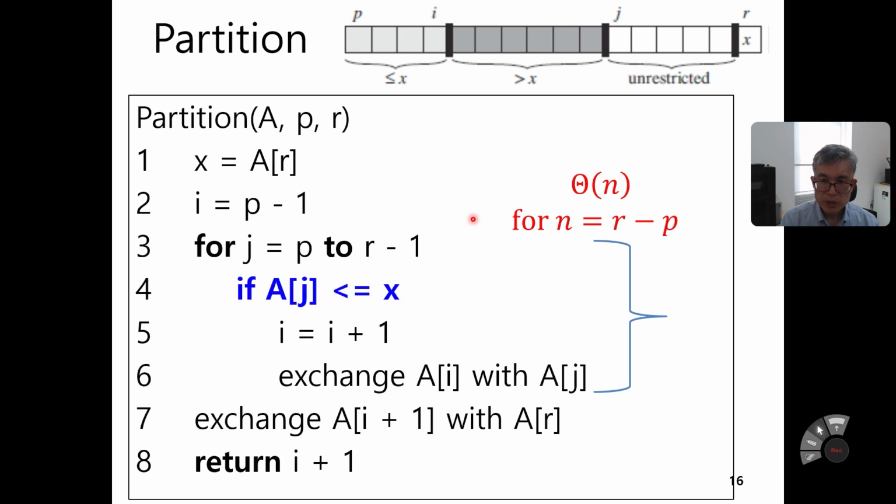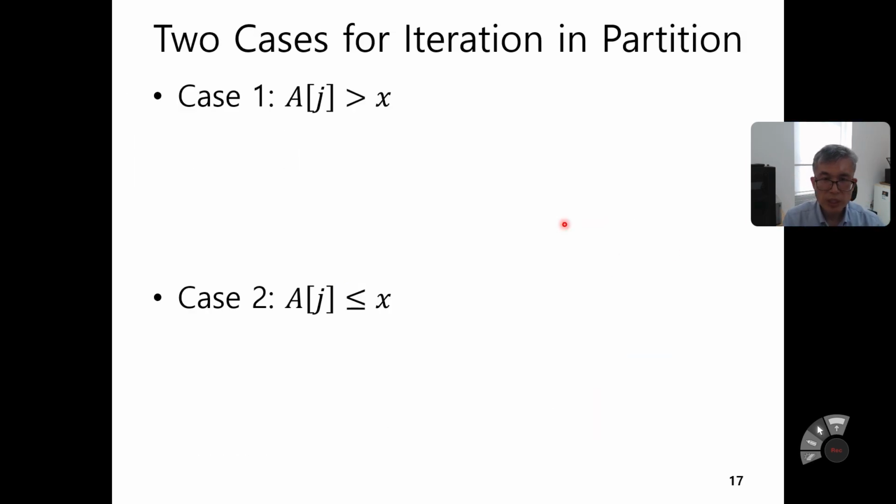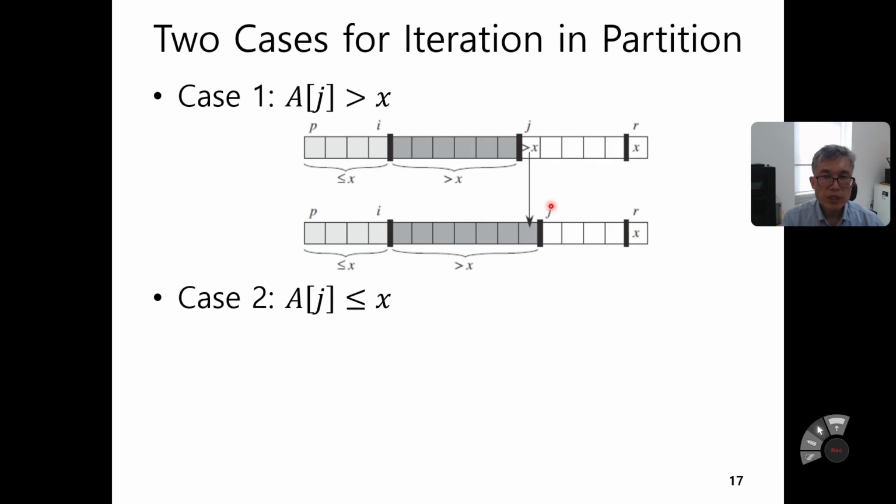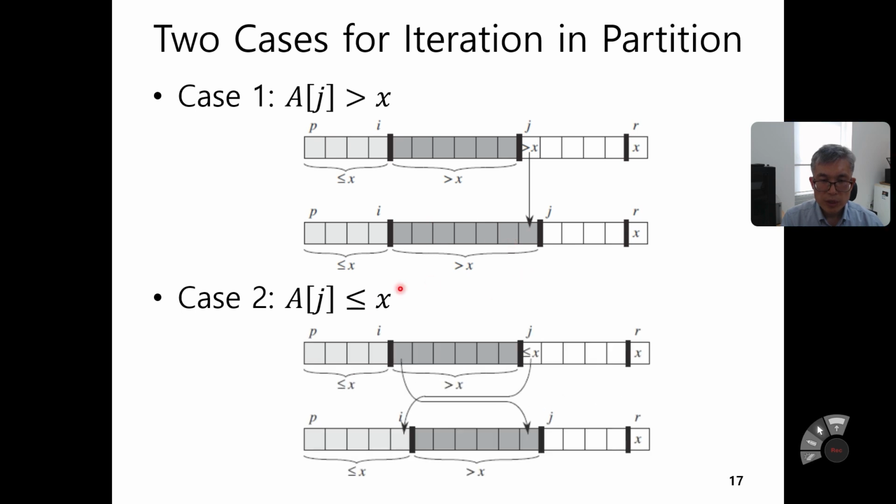All the partition work is considered, so we can say n. So there are 2 cases. Case 1 is when A[J] is greater: this value is greater, and in this case we just increase the right-hand side. Otherwise, in the less-than-or-equal case, this value and this value are swapped, right?